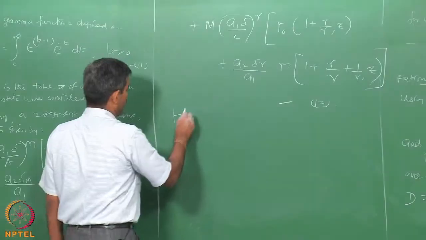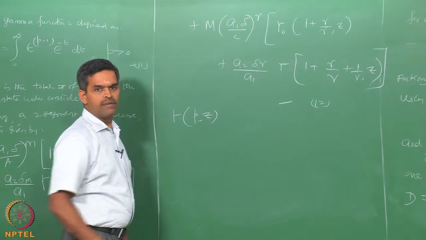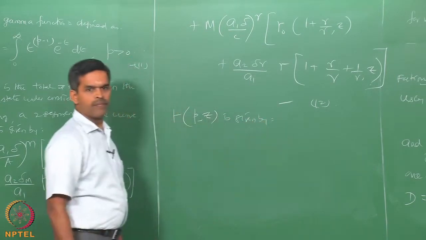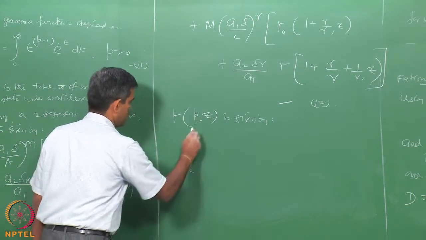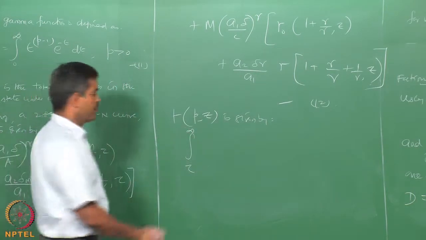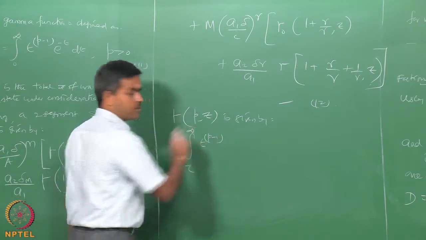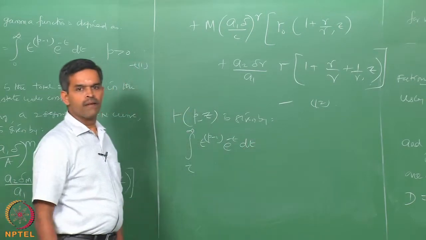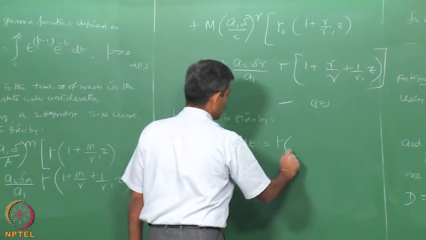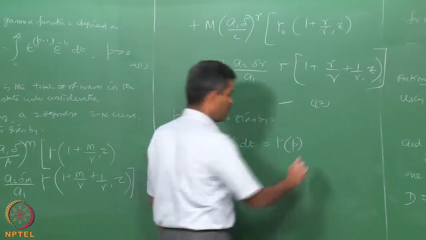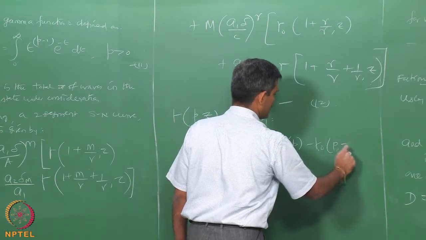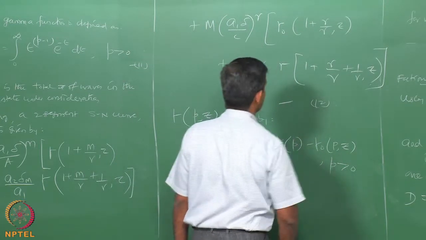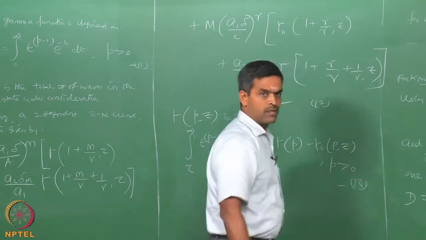So, the gamma function of p comma z is given by integration from z to infinity, not from 0 to infinity, of t to the power of p minus 1, e to the power of minus t dt, which is also equal to gamma of p minus gamma naught of p, z, if p greater than 0. Equation 13.